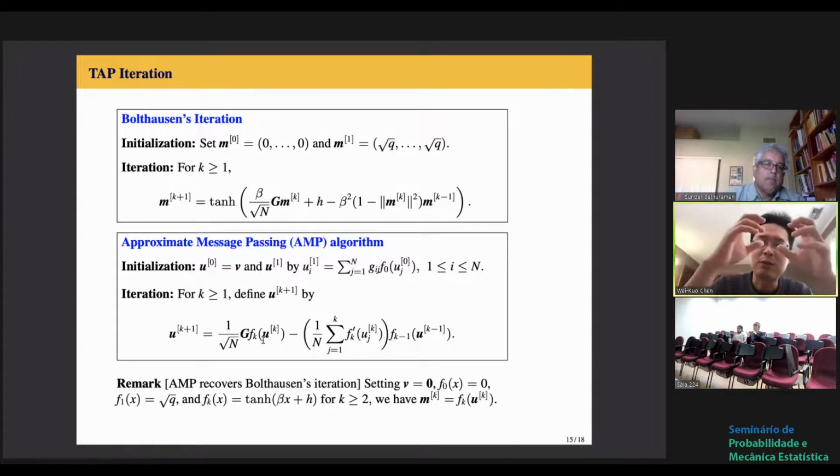You do the Taylor expansion of the FK, and then this is essentially the first order term that you will see out of your expansion. So you kick out the first order term, and then the zero order term will give you the cavity iteration we want. This is not so easy to see from here, but this is the quick reason behind it.